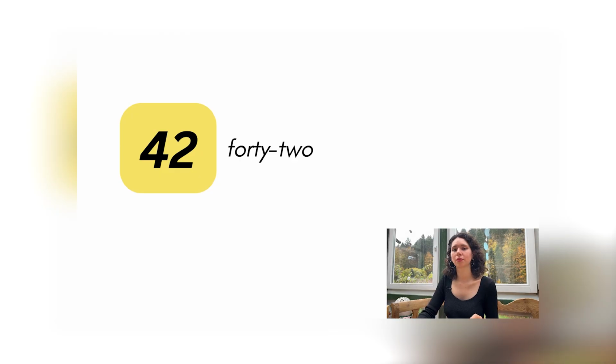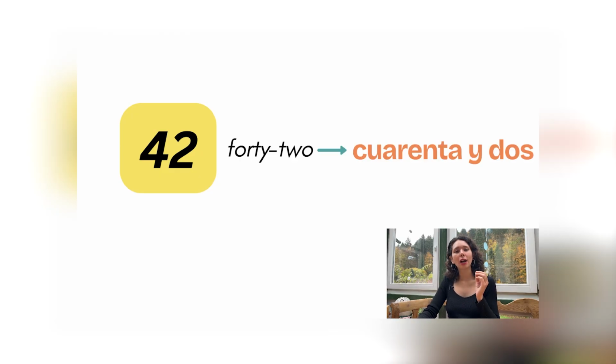42. How can we say it in Spanish? Cuarenta y dos. Remember, from 30 to 99 is just the tens and the number.